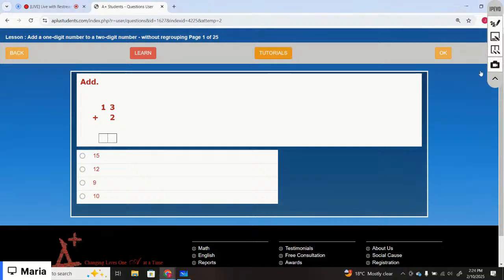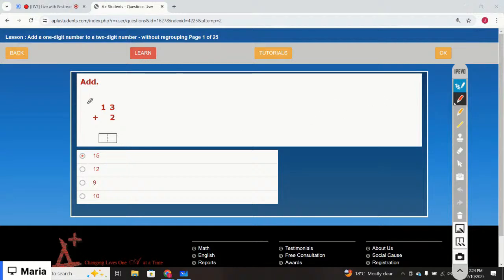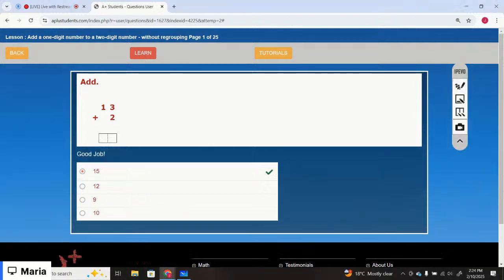You have to add 3 plus 2, so 3 plus 2 makes 5. And you write down the tens as it is because you don't have any digit right below the tens, so that is 13. 13 plus 2 makes 15. The correct option is 15.